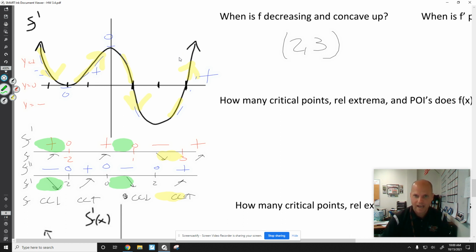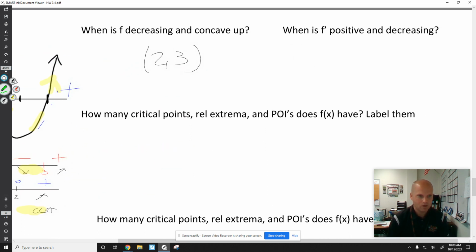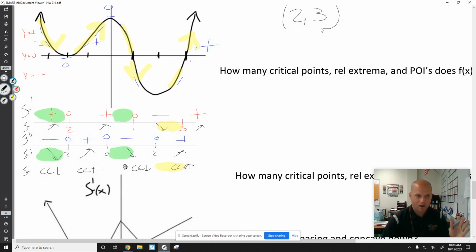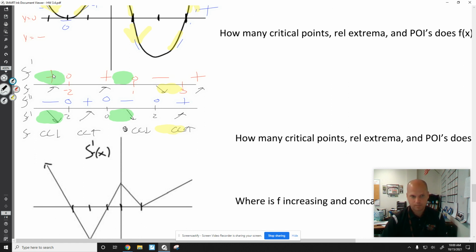Probably the better question to ask is not this, but when is F increasing at a decreasing rate? I probably would ask that question. And then that would have to say, oh, F is increasing because F prime is positive. At a decreasing rate, F prime is decreasing.